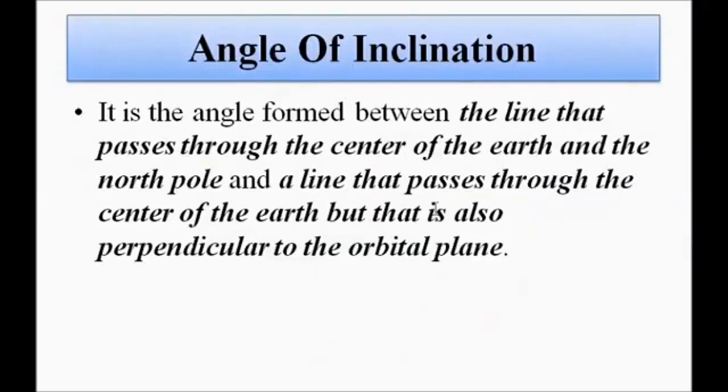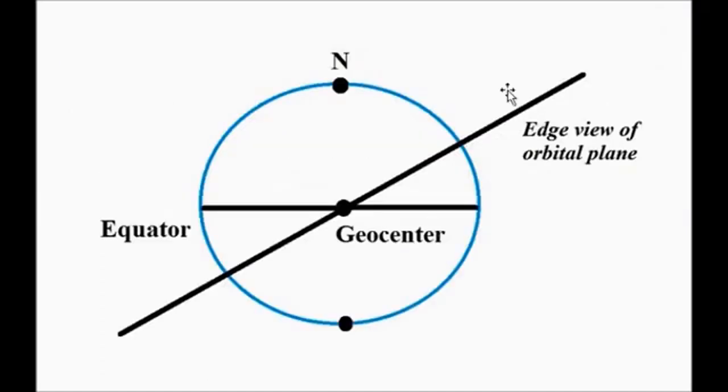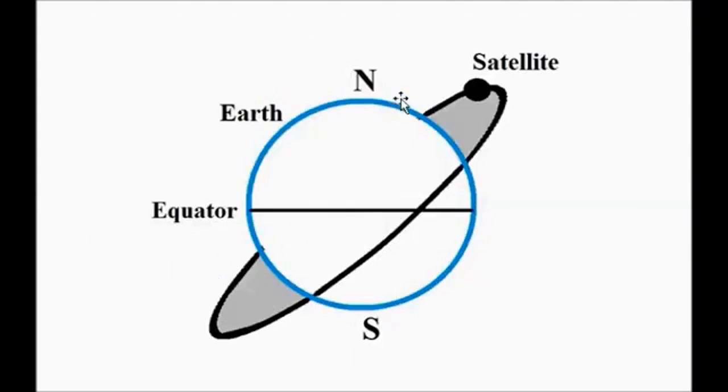The second definition of the angle of inclination. For that, we have to imagine the side view or the edge view of the orbital plane. So this is the orbital plane.